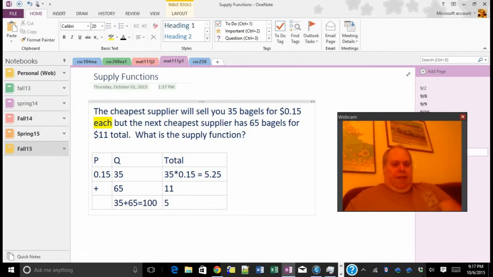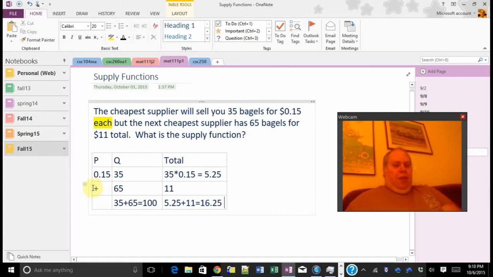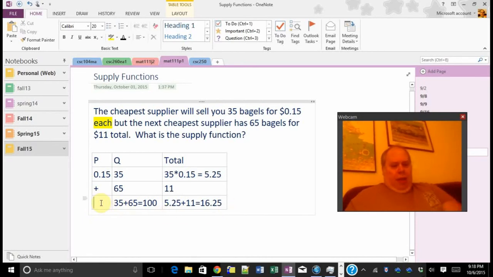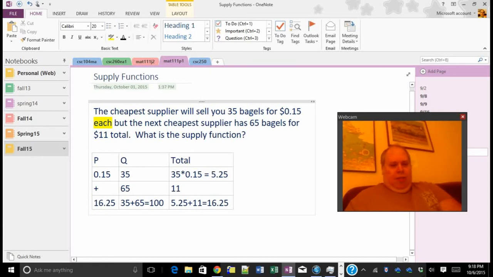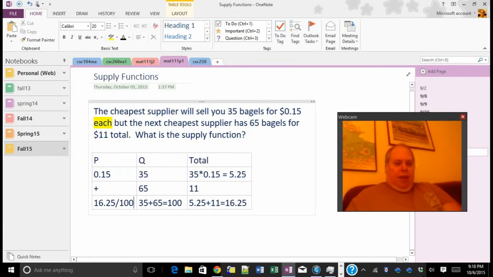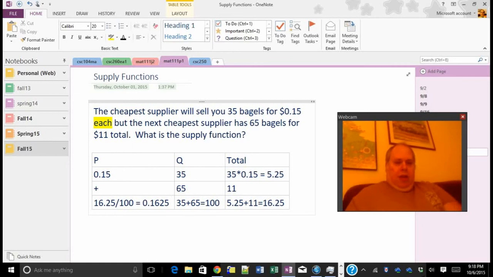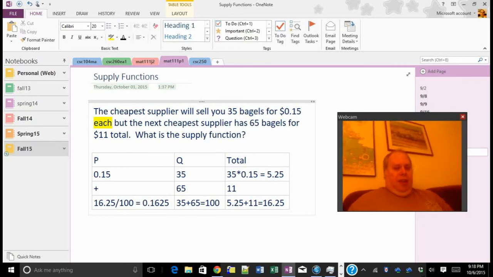That is $5.25 plus 11, and that's going to give me a total of $16.25. So that tells me the price for buying the 100 bagels. So each bagel is going to cost 16.25 divided by 100, which is 0.1625.